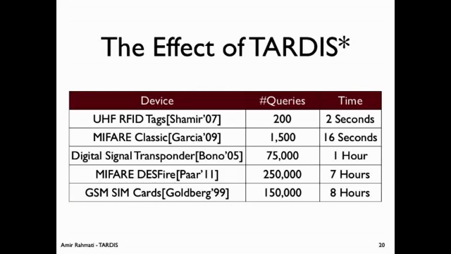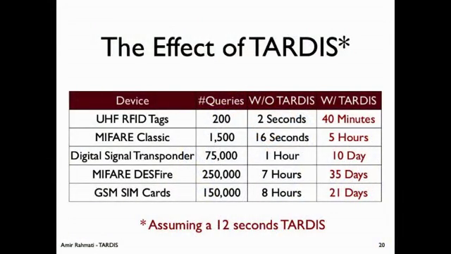So going back to the table, here's that original table from the beginning of the talk about how many queries it took to break these various systems, ranging from car immobilization to payment cards. And you can see they range from about 2 seconds to 8 hours. And so if you assume an 8-second TARDIS to slow down each query, then it moves to a much more interesting minutes to days.